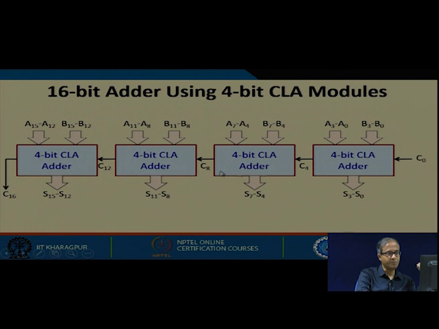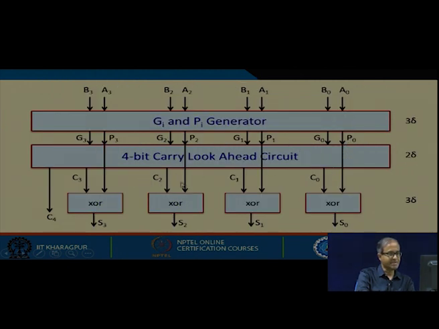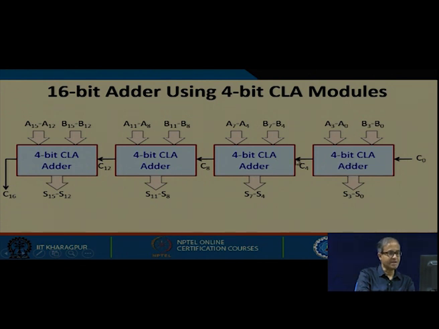Every 4 bits you can do in parallel, but C4 will be generated only after 3 delta plus 2 delta, 5 delta time. So you will have to wait that time for the carry to be generated. Similarly C8, C12, C16, right.